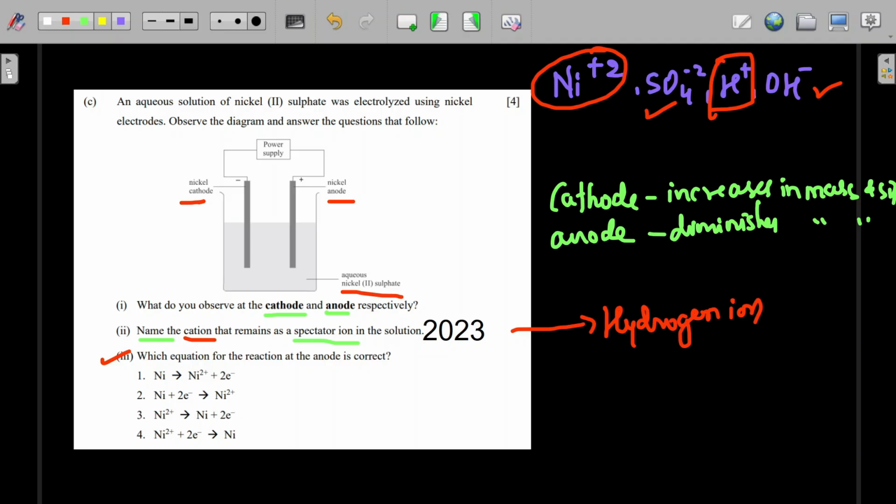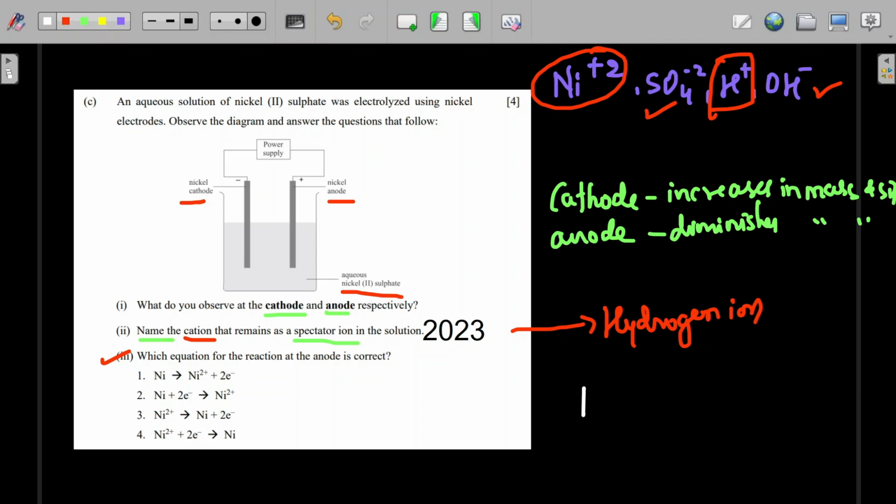First of all, you know the reaction at the anode, Chanvi. What will you write if I ask you to write the reaction at the anode here? Anode, anion will come. Here nickel itself will take part.